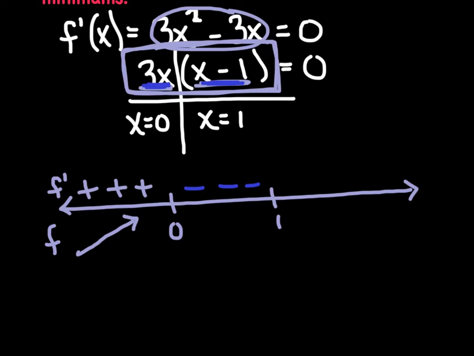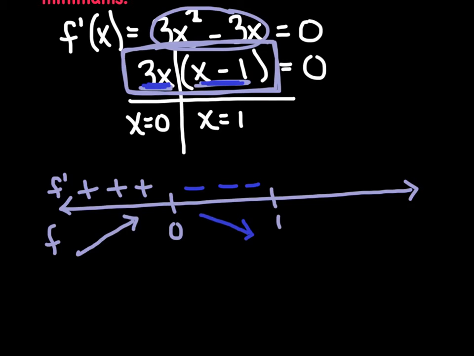What does that tell me about the behavior of f? I now know that f is decreasing. So basically, everything on the top of the sign chart is describing the positive or negative nature of f prime, and everything on the bottom of my sign chart is describing whether f is increasing or decreasing.